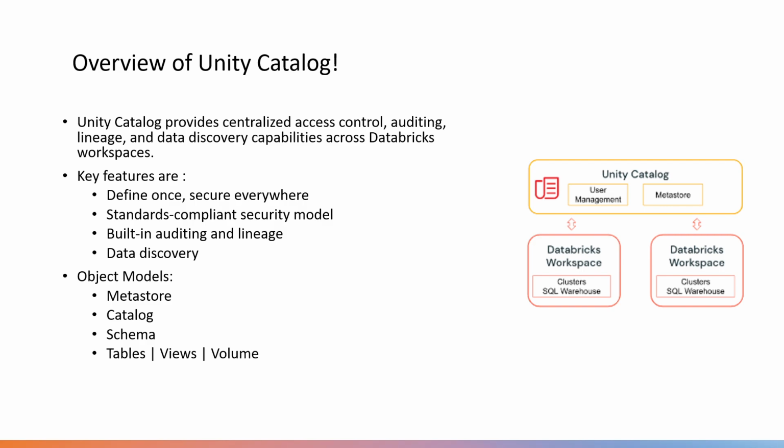There are some key features: define once, secure everywhere, a standards-compliant security model, built-in auditing and lineage, and data discovery. The object models are metastore, catalog, schema, table, views, and volume. These object models are in sequence. At the top there is a metastore, followed by the catalog. Inside the catalog there are schemas, and inside the schemas you will have tables, views, and volumes.